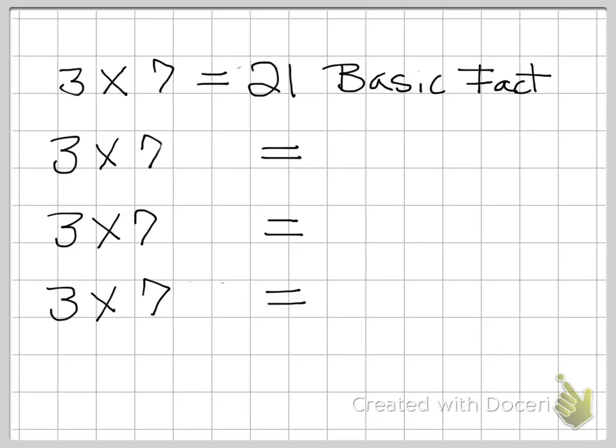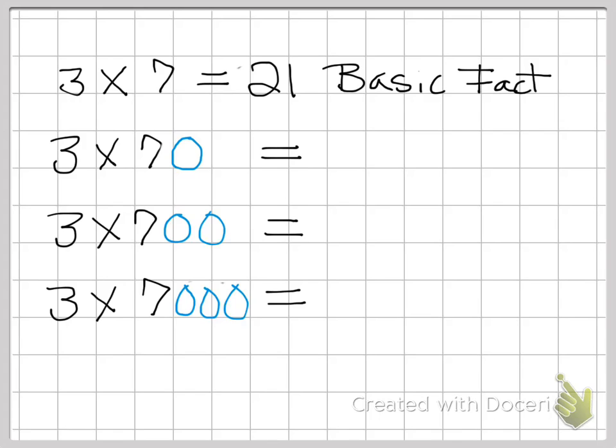Okay, let's extend this thinking with powers of 10. 3 times 7 equals 21 is a basic multiplication fact that I hope you all know. I can use this fact to help me with a problem like 3 times 70, 3 times 700, and 3 times 7,000.